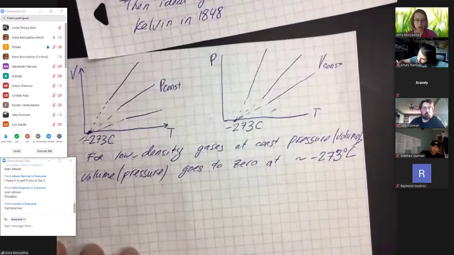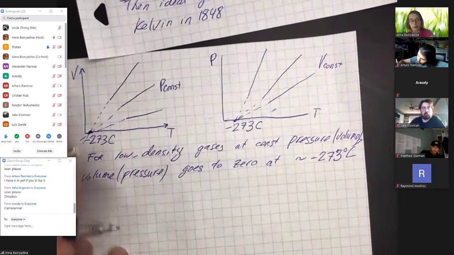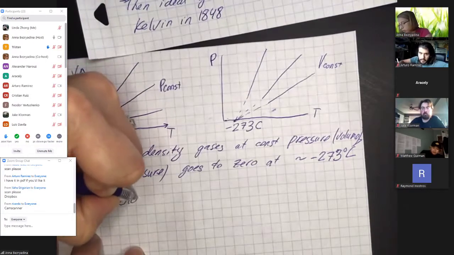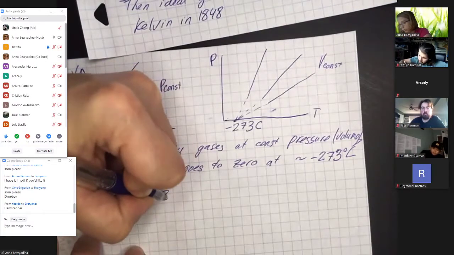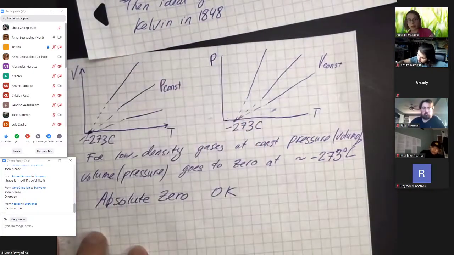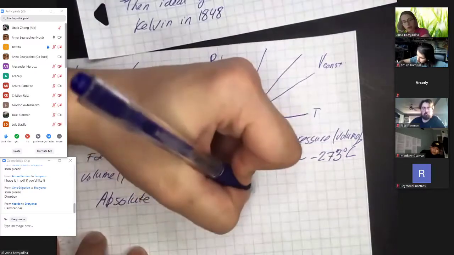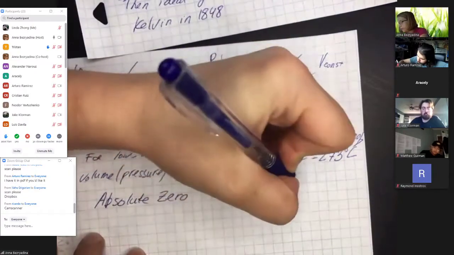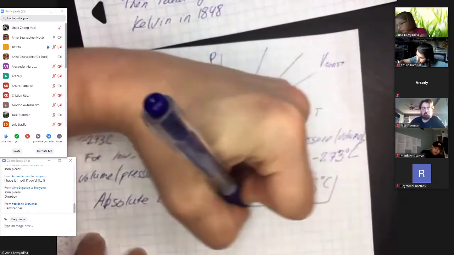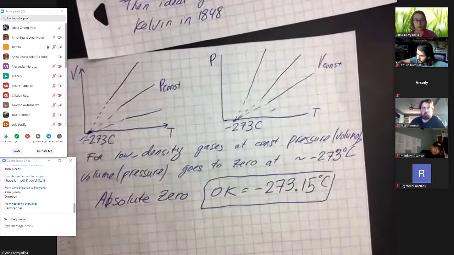Okay, and then he came up with the concept of absolute zero, which is 0 Kelvin, and 0 Kelvin is equal to minus 273.15 Celsius.